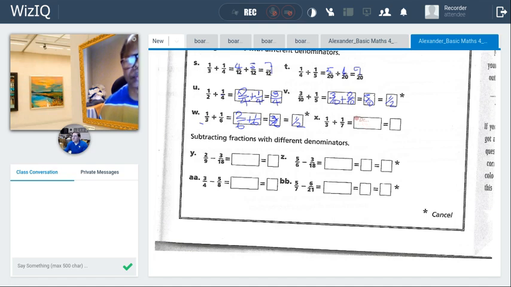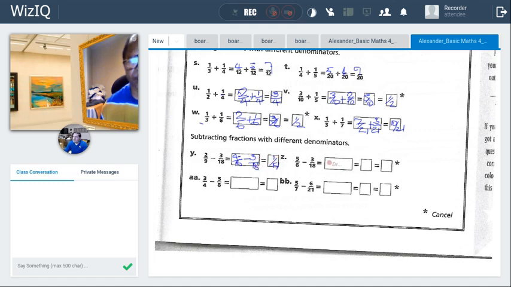This one? 7/21 plus 3/21 equals 10/21. Good. So 4/18 minus 3/18 equals 1/18.